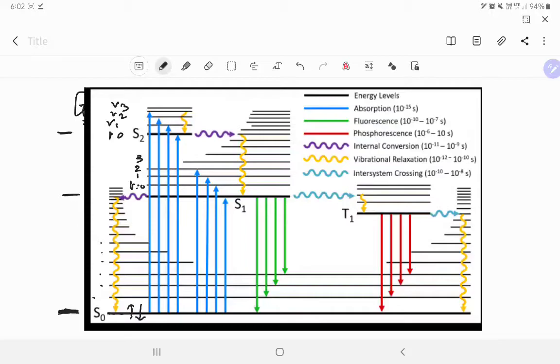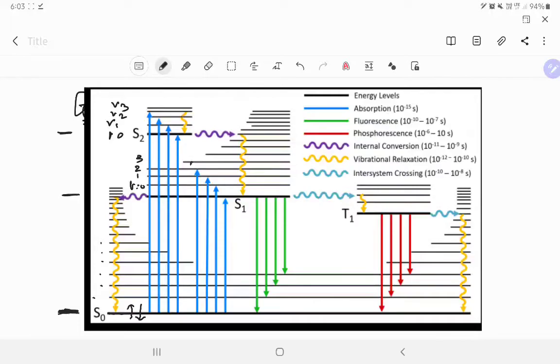When a molecule absorbs a quantum of radiation, it undergoes excitation from S0 to S1, possibly into a higher vibrational level also. There may be transitions from this to this also. But higher vibrational energy levels are again an unstable state.